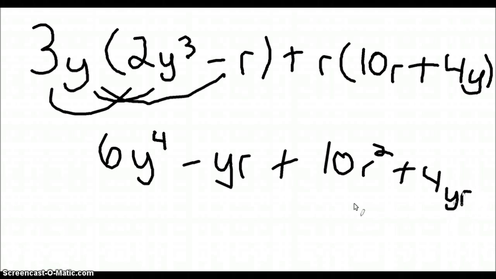Now, after you've done that, you're going to want to look for like terms. Two of the like terms in this equation are negative yr and 4yr.